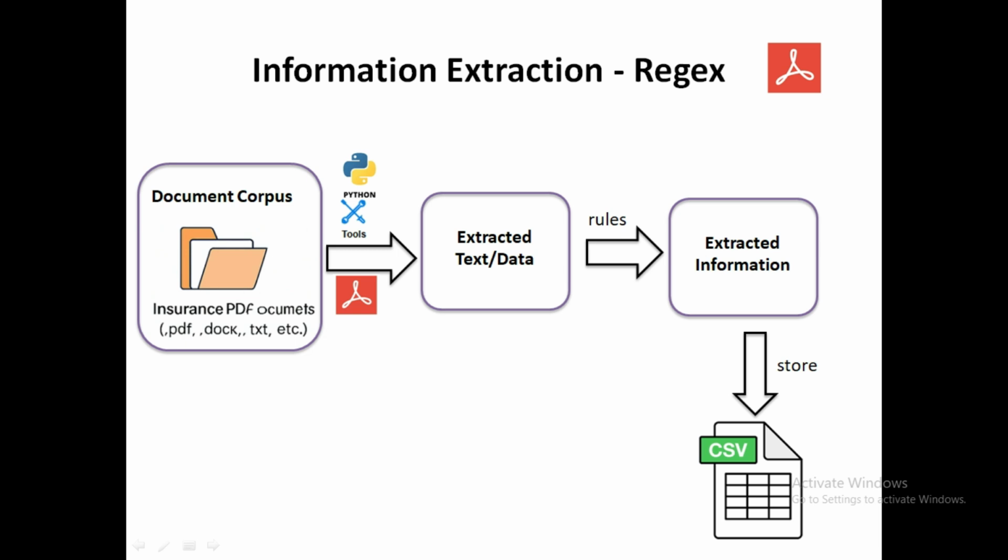Then we will apply some sort of rules, primarily regex, which I mentioned in the video. Using those rules we will extract the information, and then we'll try to store that information in the form of a CSV.